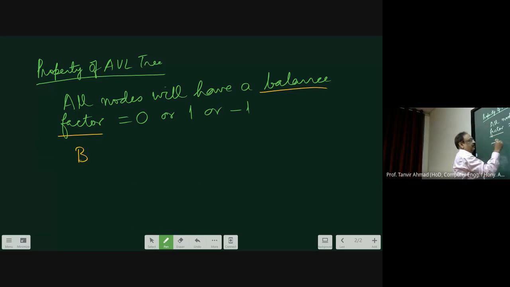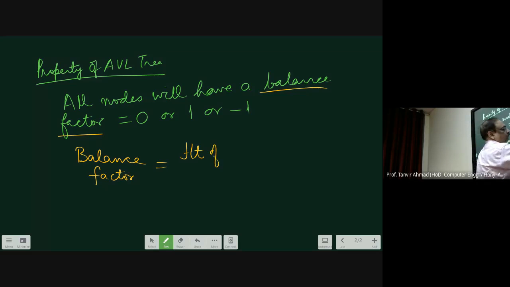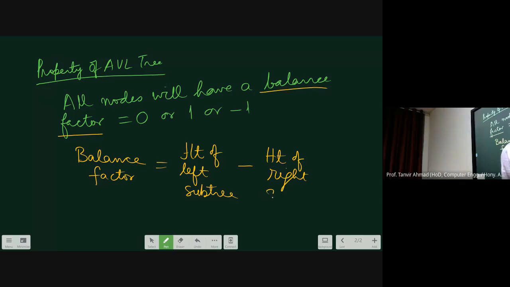The balance factor is defined as height of left subtree minus height of right subtree, and this should hold for all the nodes.